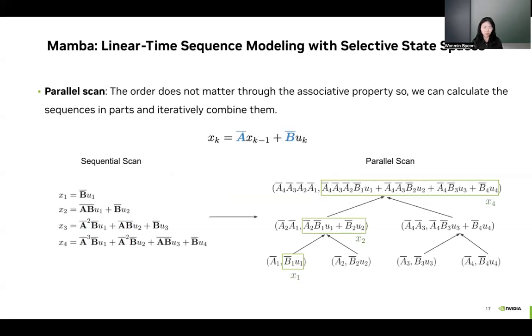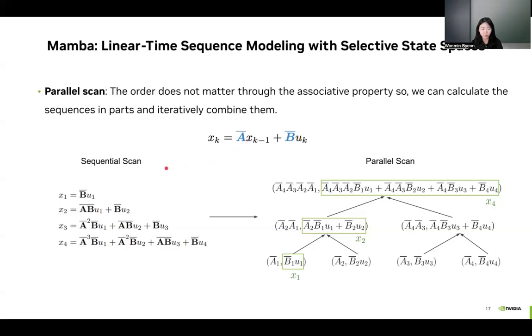And then the second key feature I mentioned was the parallel scan. Mamba is not the first to introduce the parallel scan for SSMs, but they combined it with the other parts and showed that it can be used very efficiently and can be very helpful for scaling. So to briefly show you what it is, this is the linear recurrence in SSMs in Mamba.